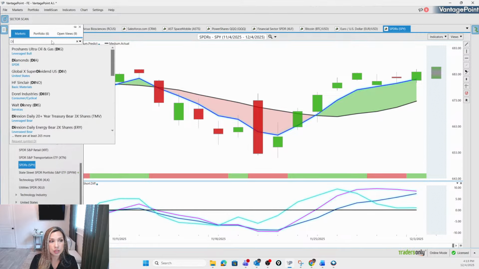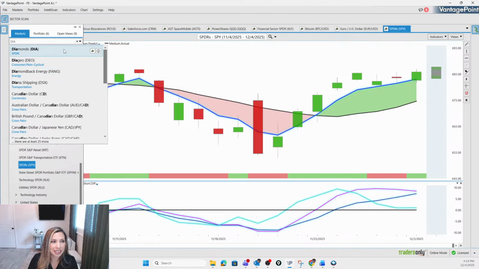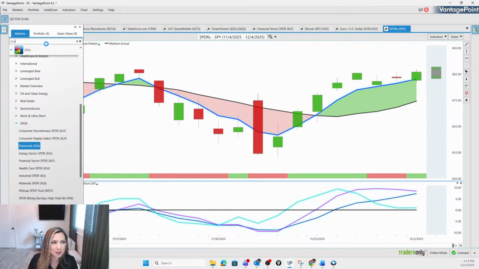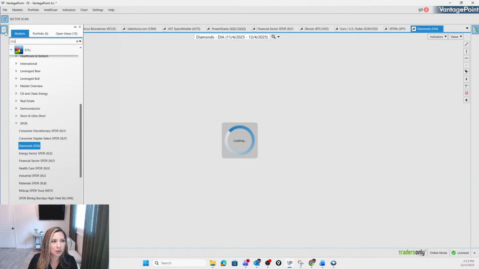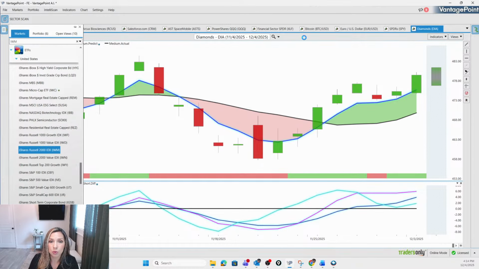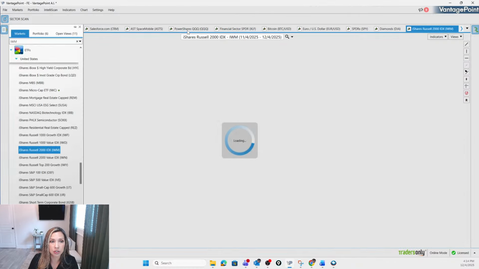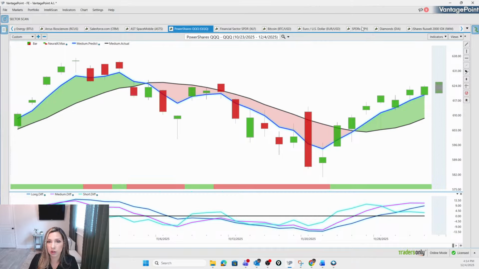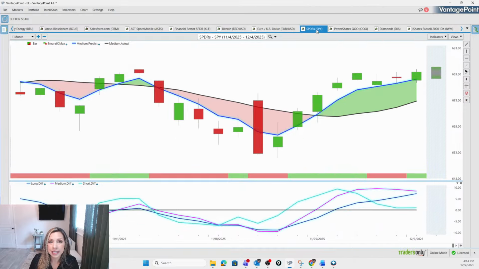We can use the diamonds, all right, not to be confused with actual diamonds, but diamonds for the Dow Jones Industrial Average. And then we can also use IWM for the Russell, that Russell 2000. So I'll group these all together so you guys can see. I'll just pull my Qs all the way down here so we can see those major indexes.